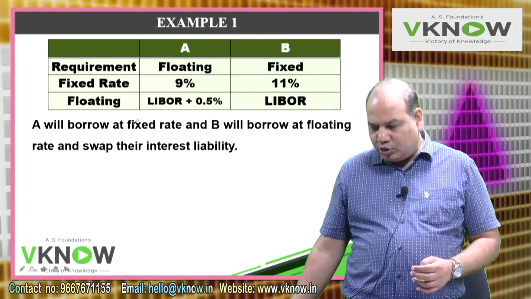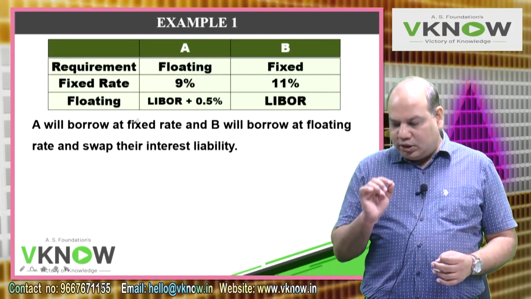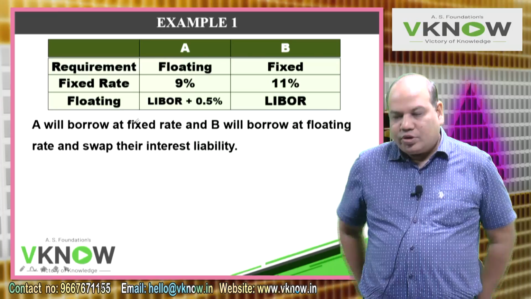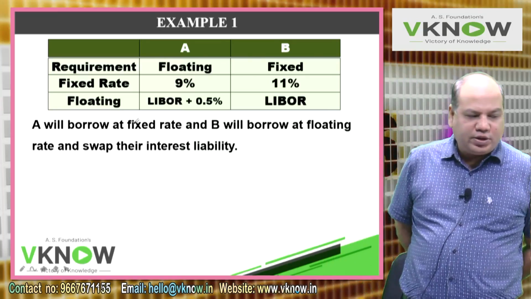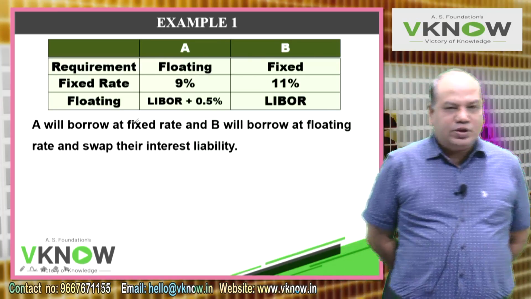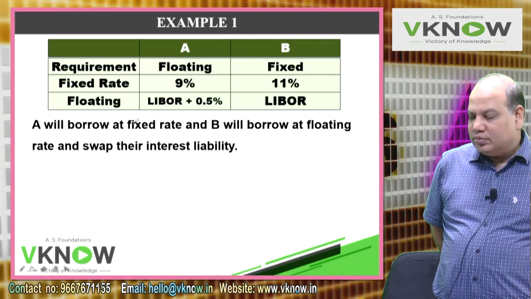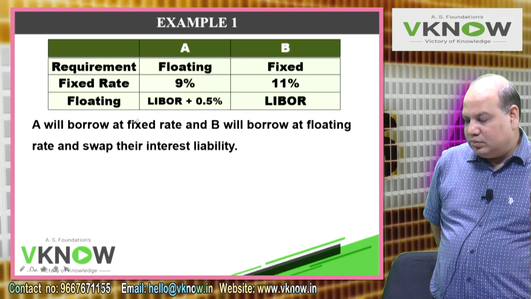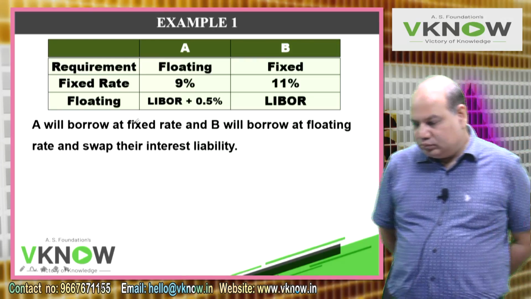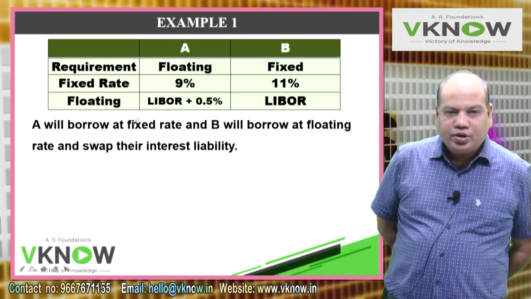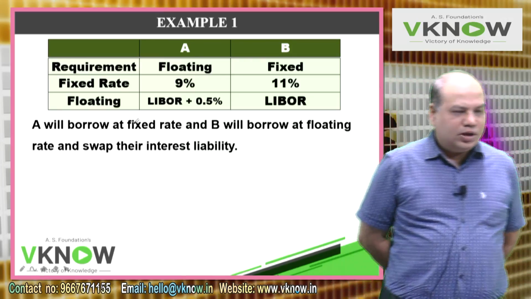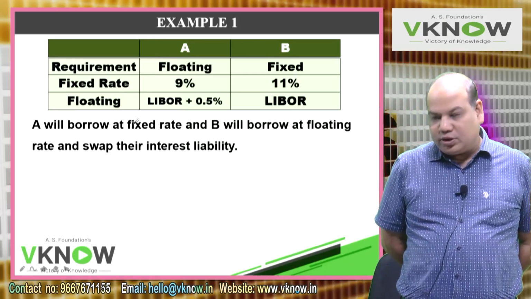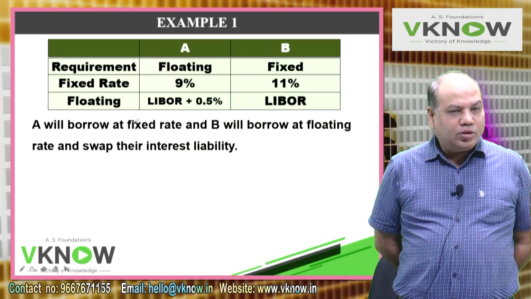Then write down one small note below. In this swap deal, A will save 0.5% and B will save 2%, full stop.